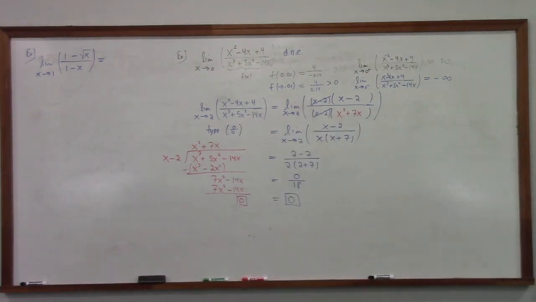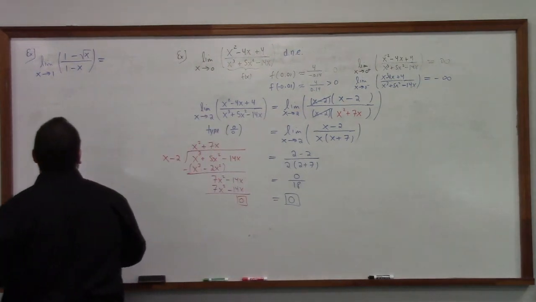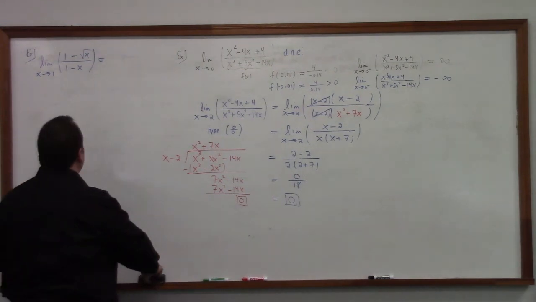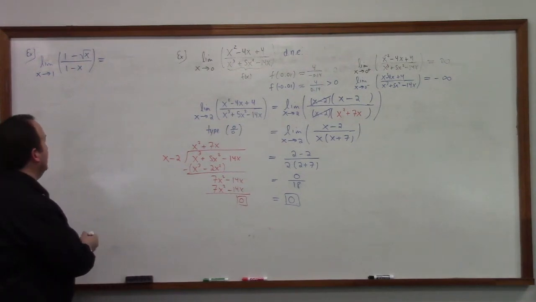So what do you guys think we're going to do here? So what happens when we plug in 1? Yeah, it's type 0 over 0.